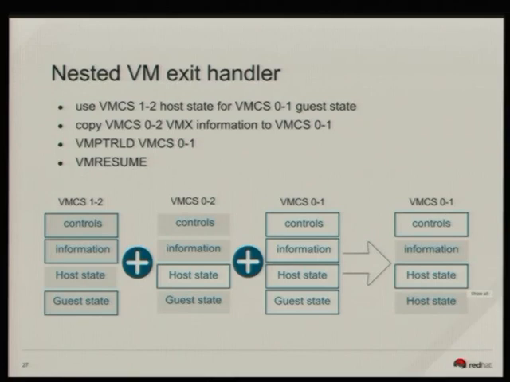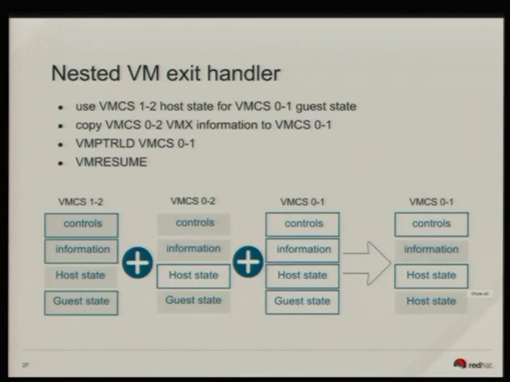But if the L2 exited directly into L1, then it would copy its host state into hardware registers. So right now, when we are launching L1 from L0, we need to copy the host state into guest state, which is done. This host state is copied into guest state of the new VMCS we are going to launch.